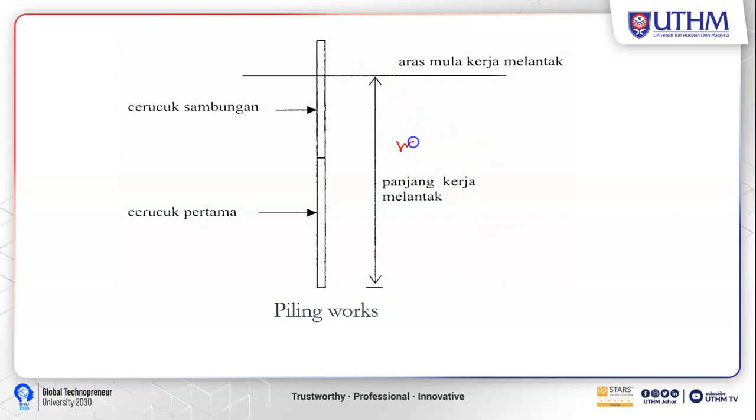Okay, this is in meters, and this one is the first pile, what we call the initial pile. This will become the first pile that will be driven into the soil. So this is number one.